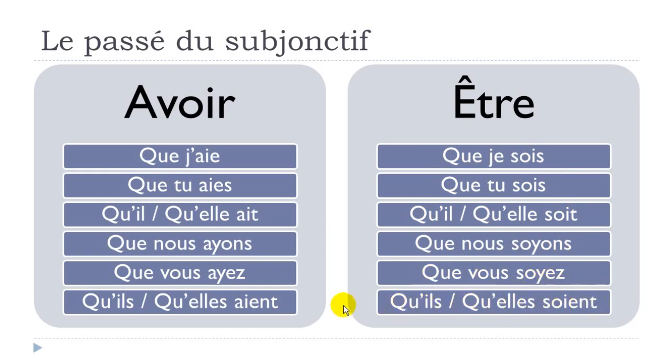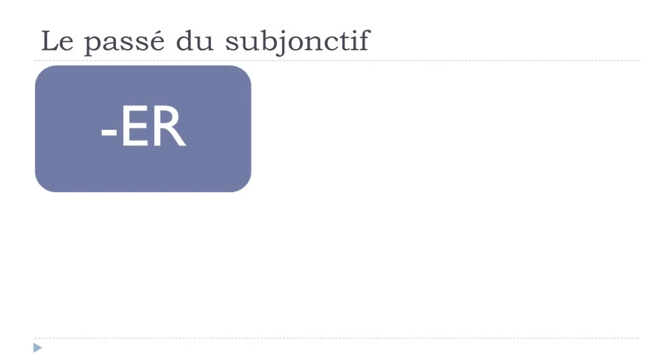All right, so try to remember them by heart, because especially if you want to construct this passé du subjonctif, these forms are the first ones that you will have to put, okay? Normally the second part, well, at this point you should start to remember them. I mean, this participe passé form should be quite okay, but then don't worry, we'll work on that, okay?